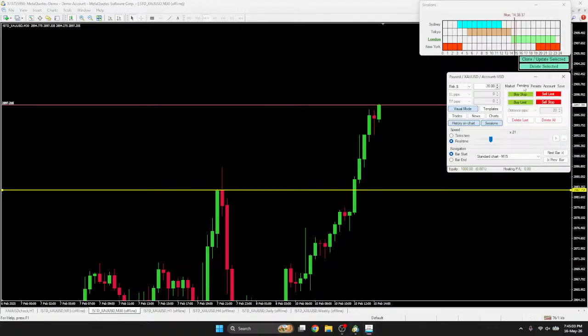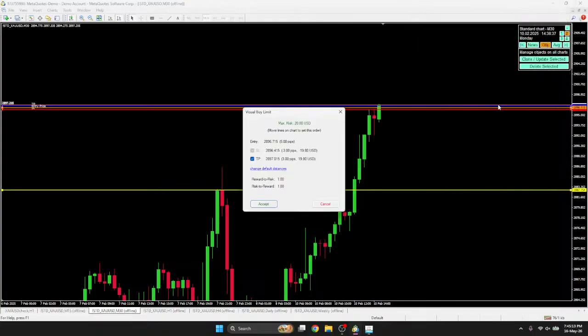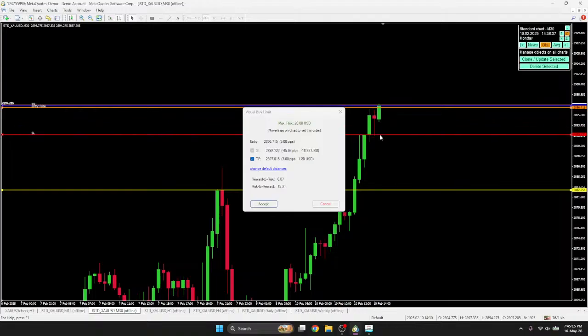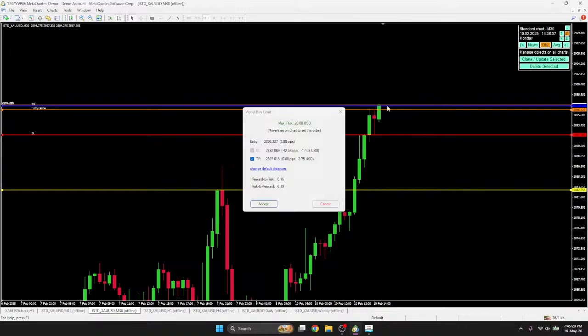Okay, buy limit. Okay, if market come back like this area, then my buy will be execute and my TP will be like 2904.